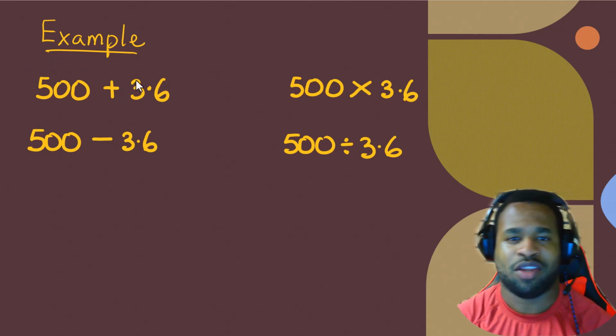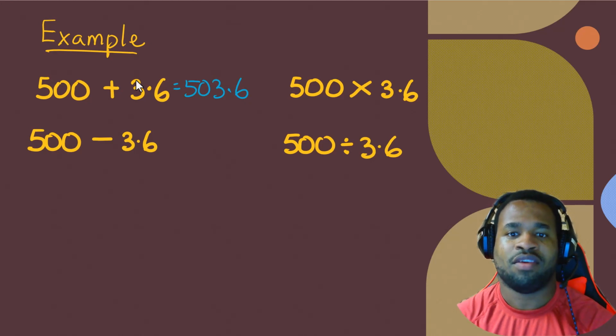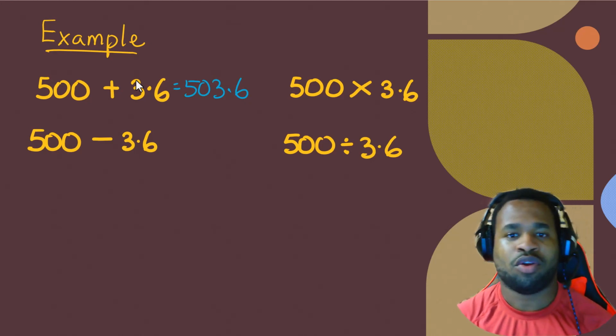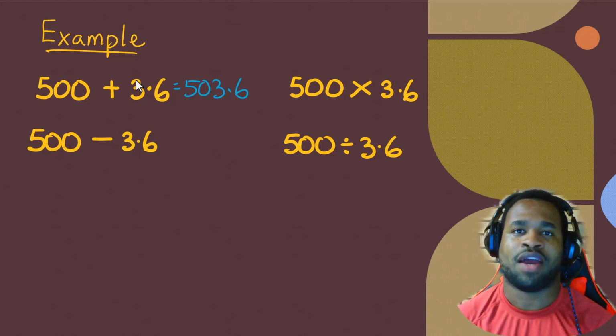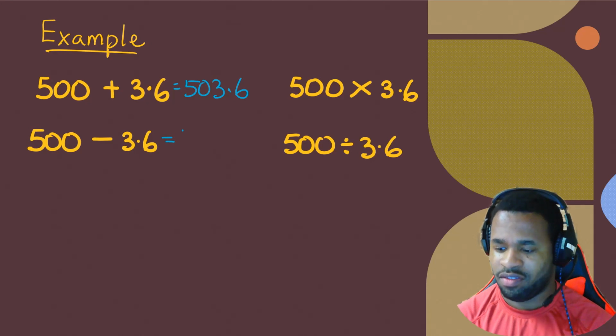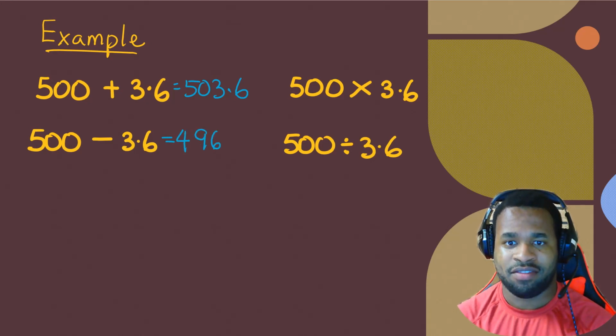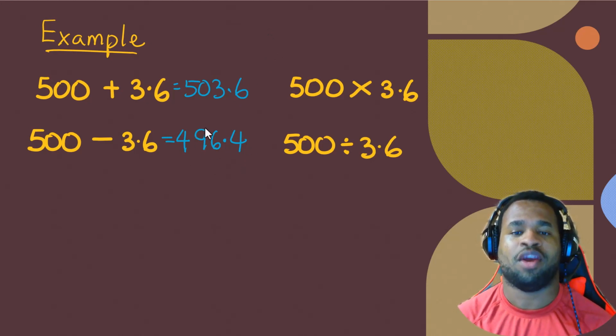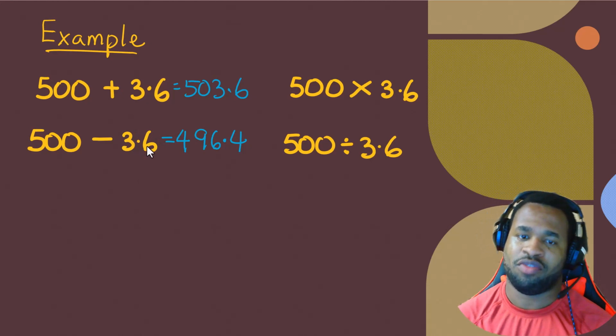Without using the calculator, it is equal to 503.6. When we use the rounded value, we're going to use this as our final answer. Likewise for the subtraction, which will give us in this case 496.4, and this is going to be dependent on the accuracy from the approximate number, 3.6.